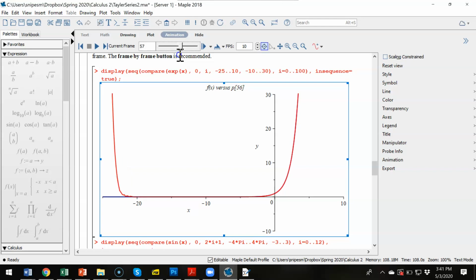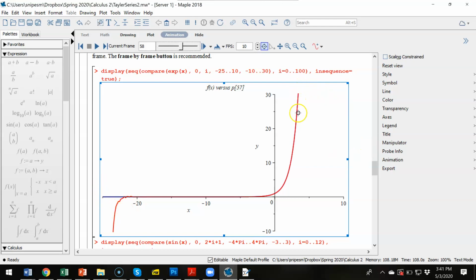And then the 54th frame is the degree 53 polynomial, so the ends go in opposite directions. As I continue to increase n, those tails are flipping back and forth, and as I said before, the curve is better and better approximated out here at the tail.